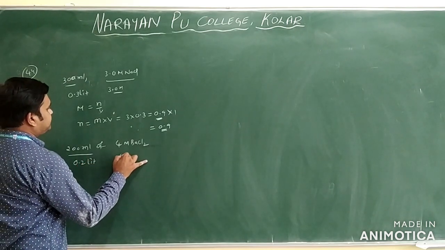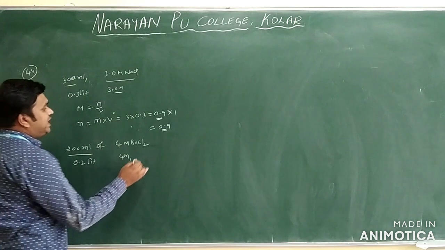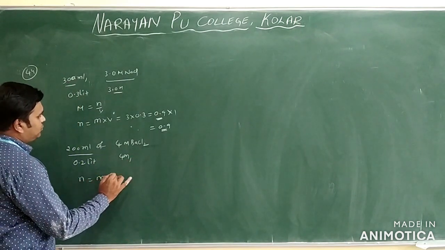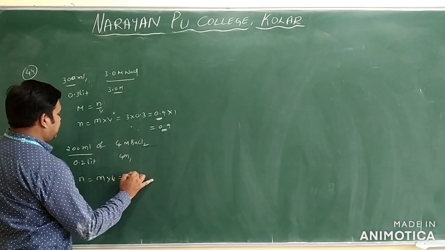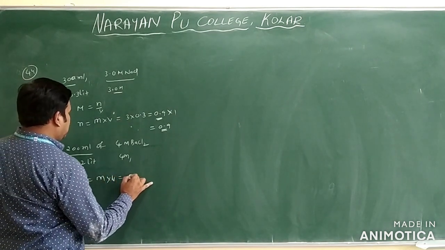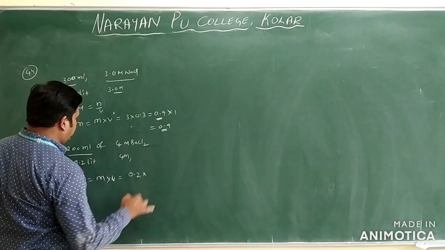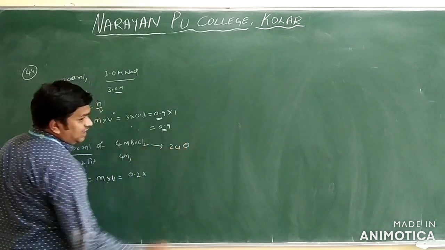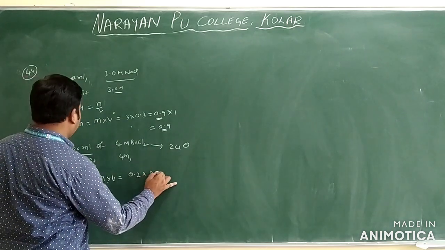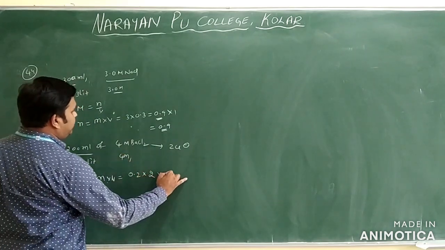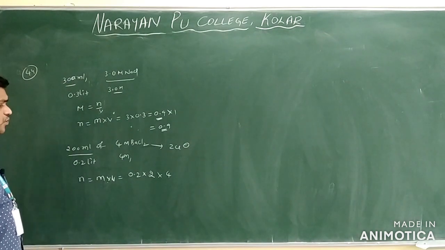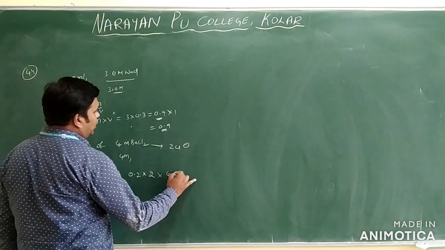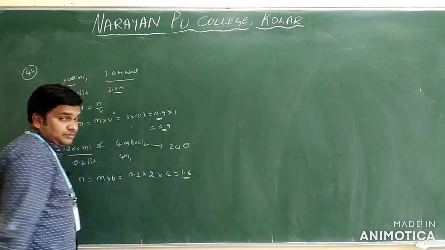Here n is equal to M into V in liters, that is what you will write, 0.2 into, BaCl2 gives how many Cl minus ions? 2 Cl minus ions. I will write 2 into, what are the moles of BaCl2 we have? 4 only. So 4 into 2, 8, 8 into 0.2, what you will get? 1.6 only moles.